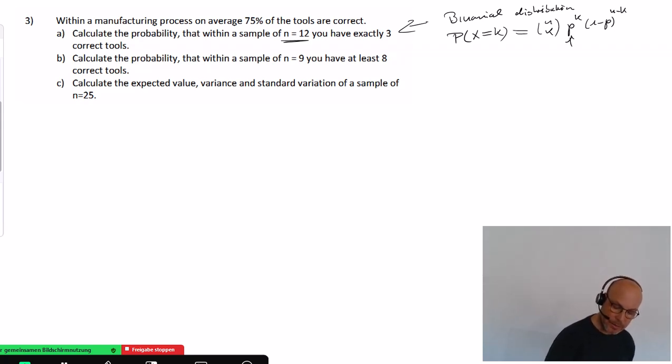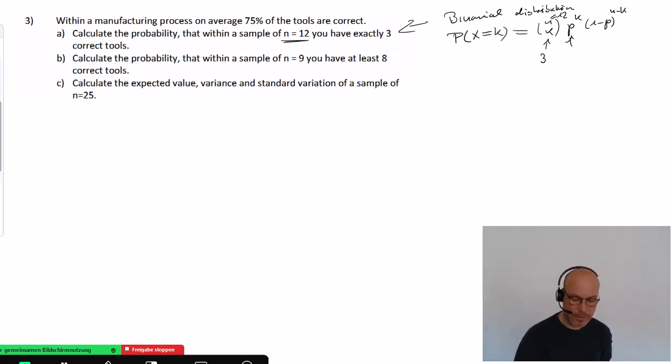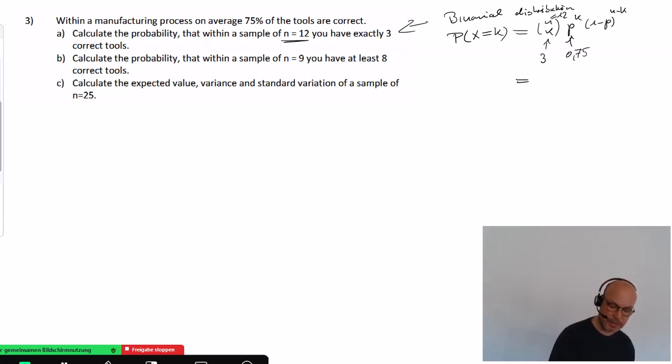And here we have now n equals 12 and k equals 3, and p is 0.75. This we just have to insert, and then we obtain, inserting this, a probability of 0.04%.